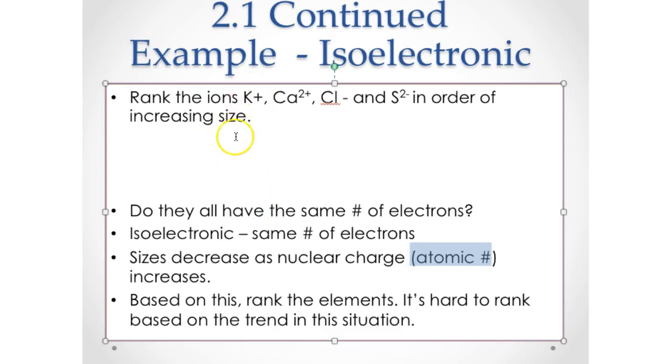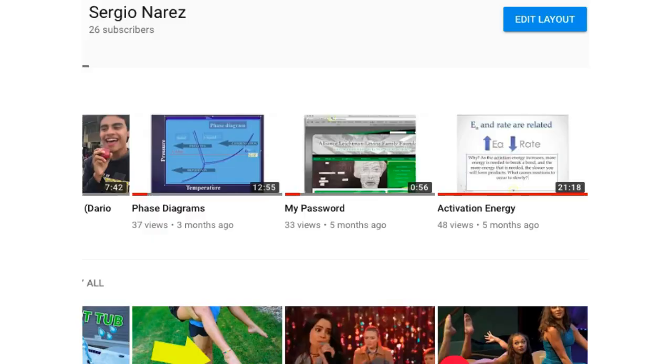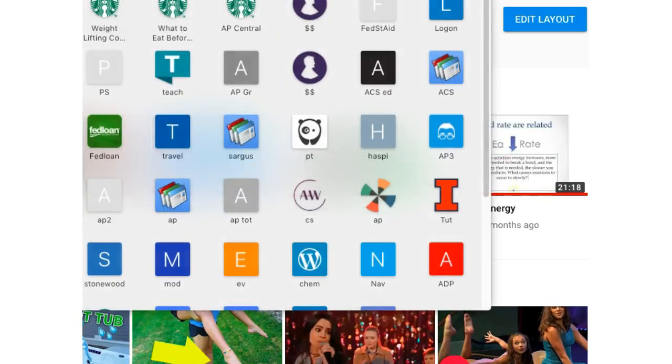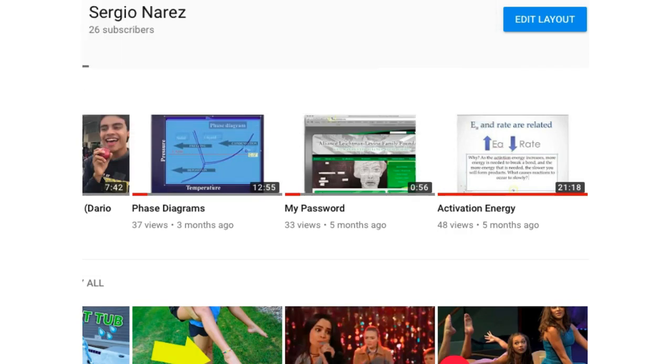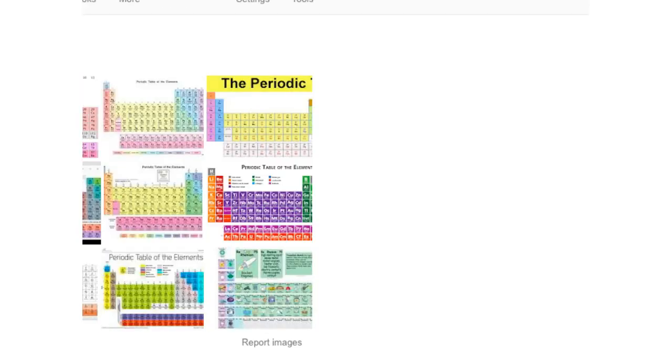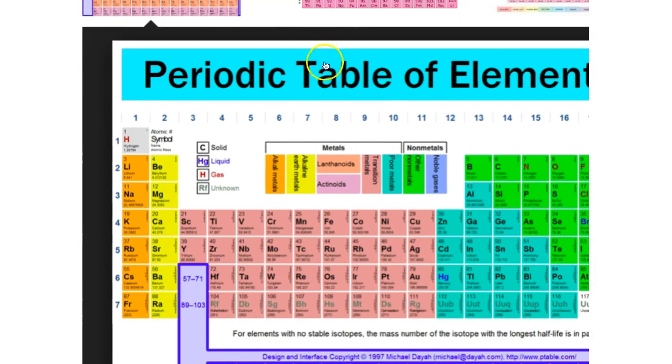So when you do this, you look at the protons. So let's look at the periodic table. Ta-da. There it is. Right there. So K has 19 protons.